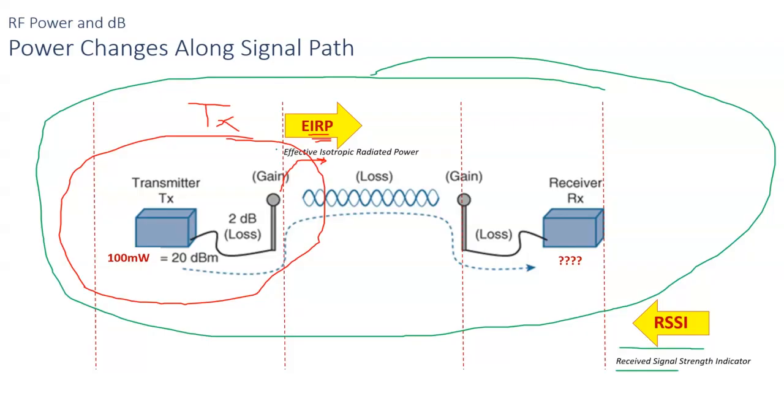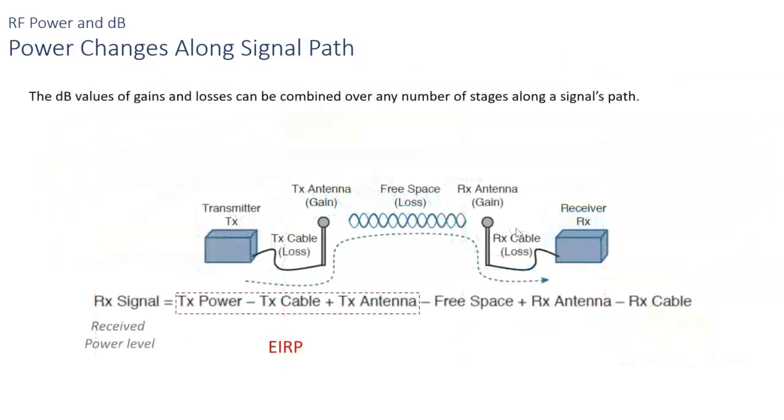So the EIRP is used to calculate the gains and losses at the transmitter side, and the received signal strength I use it to calculate the whole gains and losses in the system from the transmitter to receiver. Okay, so let us calculate both.